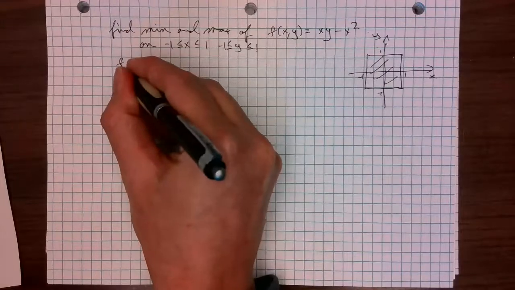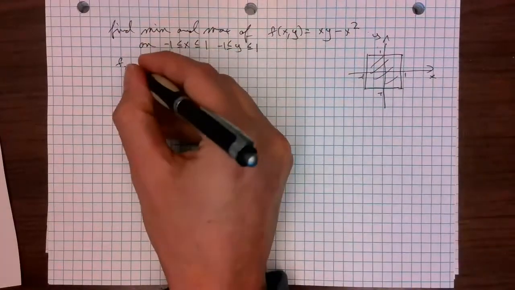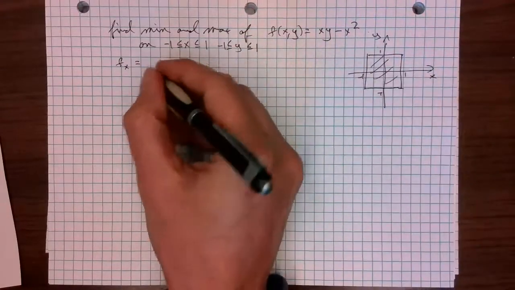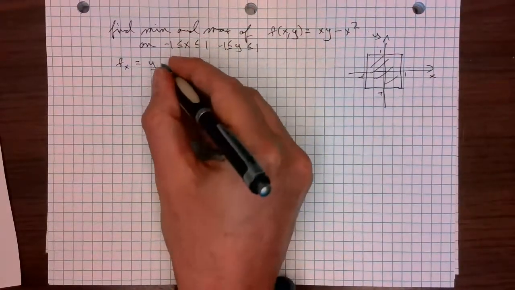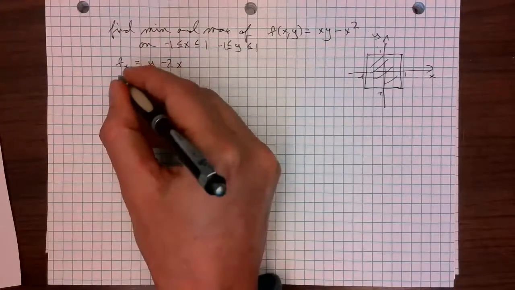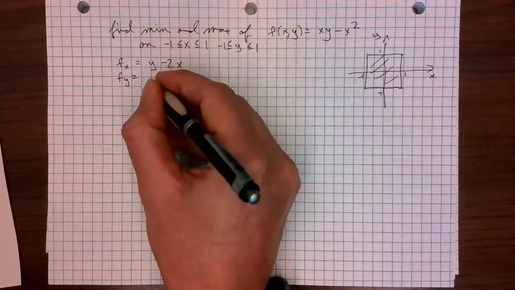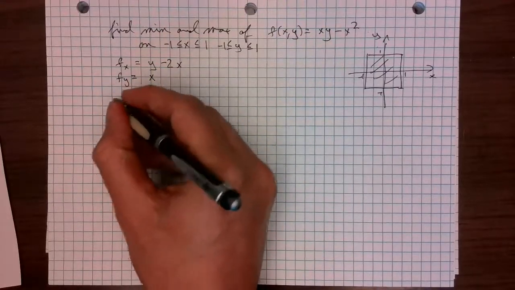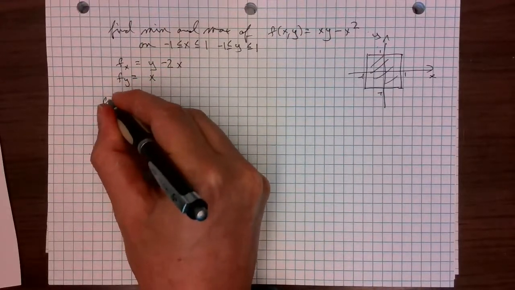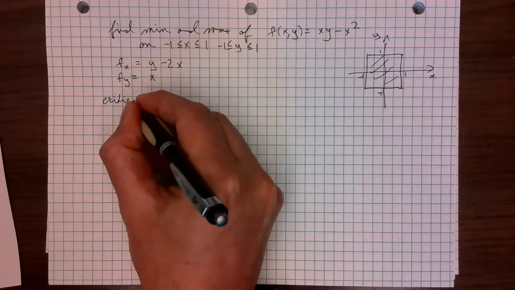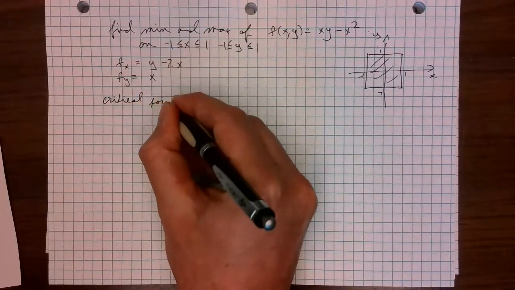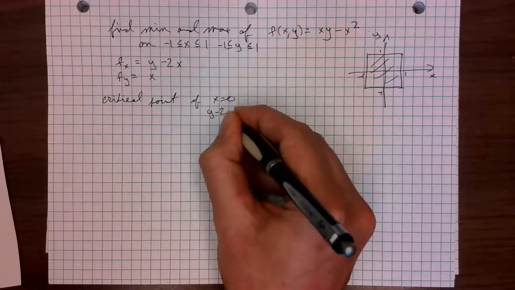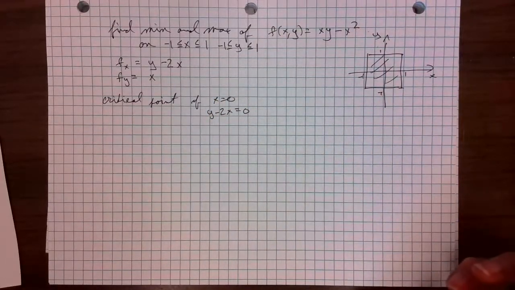So I take the derivatives. f sub x is y minus 2x, and f sub y is x, right? So it's a critical point if x is 0 and y minus 2x is 0, right?